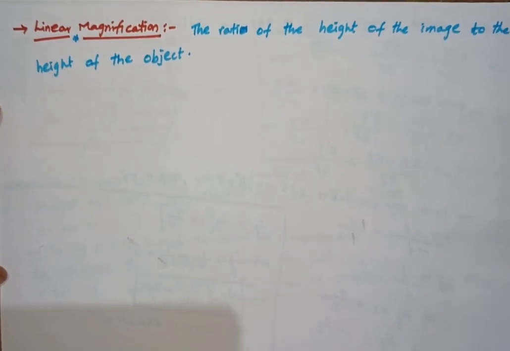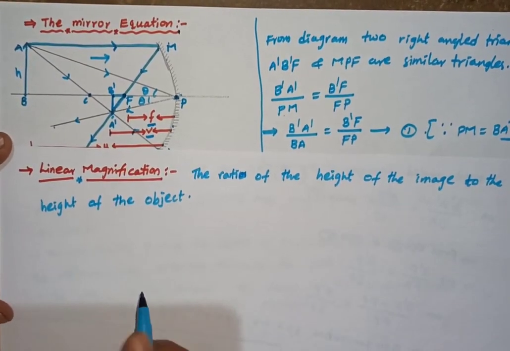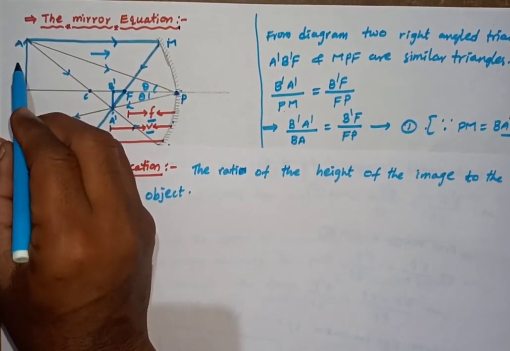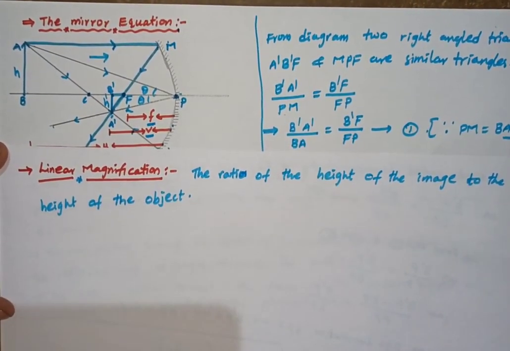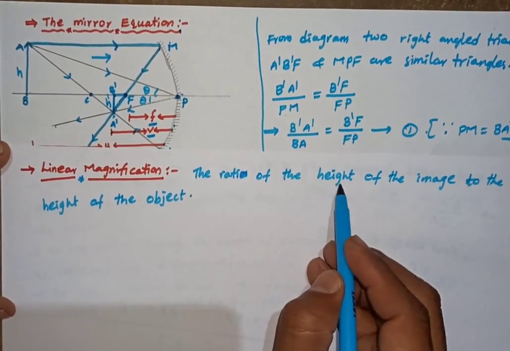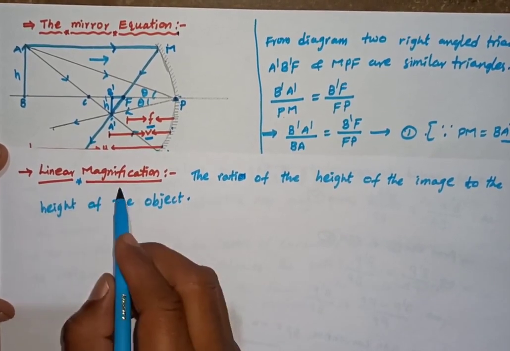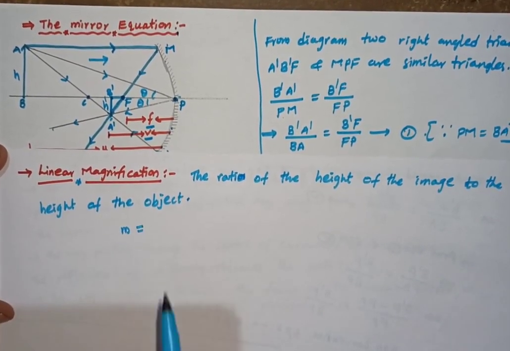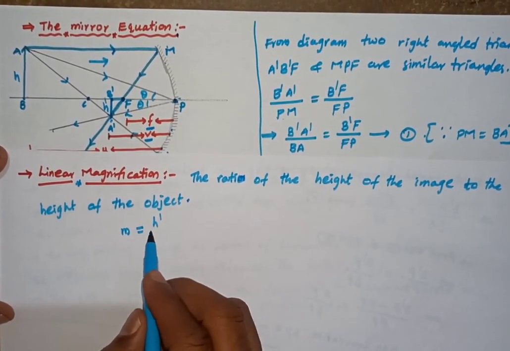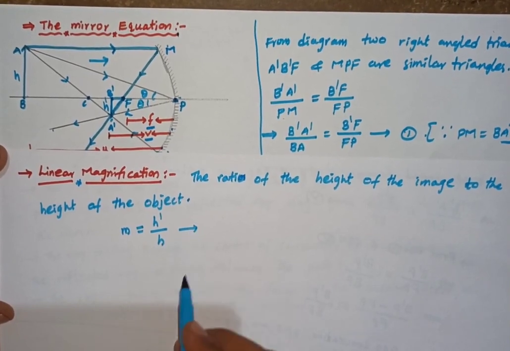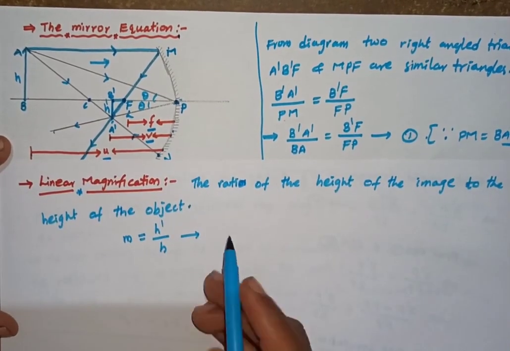So here in this diagram we consider the height of the object is h and height of the image is h dash. Okay, the ratio of the height of the image to the height of the object, so the linear magnification is denoted as m equals height of the image h dash by h. So this is equation number 2.